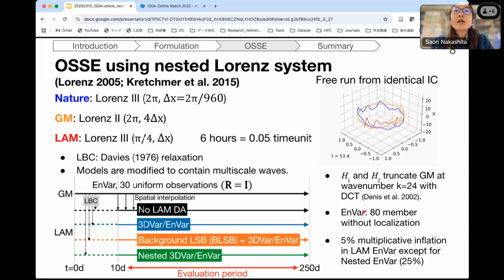And in EnVar, localization is not applied, and the multiplicative inflation factors are tuned manually. Note that our nested EnVar uses larger inflation values than the other EnVar experiments, because the analysis update in nested EnVar tends to shrink more than the conventional update without GM information.